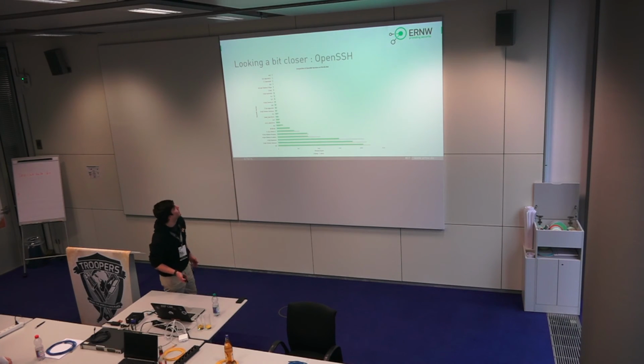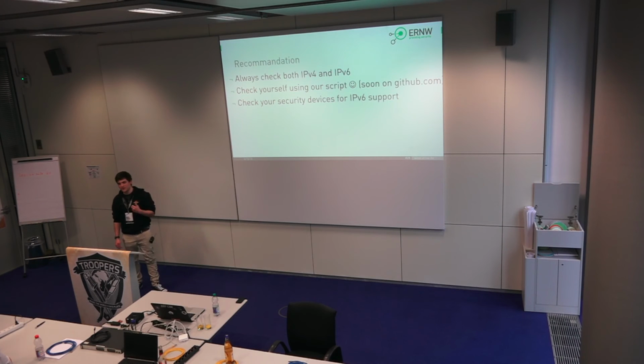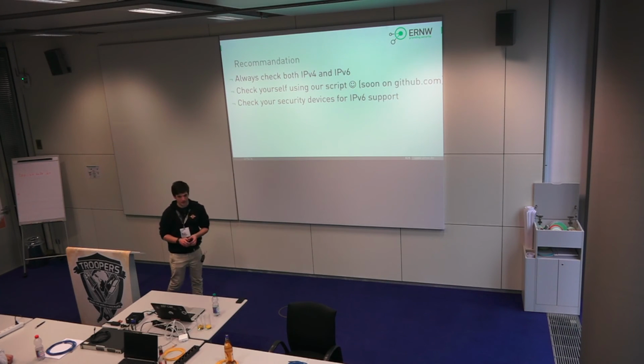Now, I have some recommendations for you. Always check both protocols, IPv4 and IPv6. There's always the chance that some mistakes were made in firewall rules. You can actually check yourself using our script, which will soon be on GitHub.